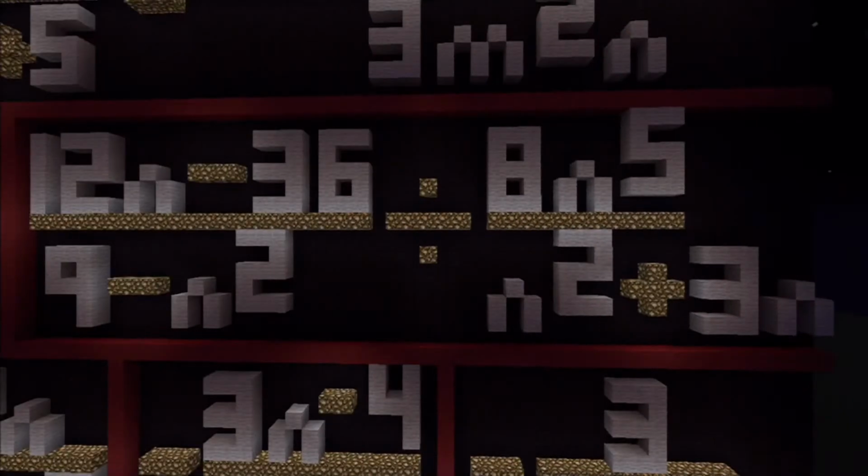For the second problem, I'll be using 12n minus 36 over 9 minus n squared divided by 8n to the fifth over n squared plus 3n.